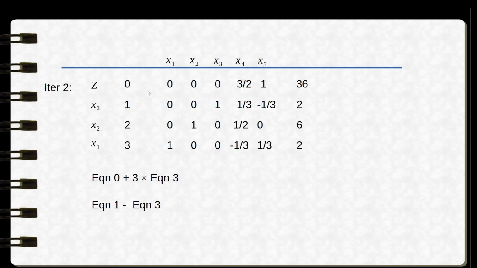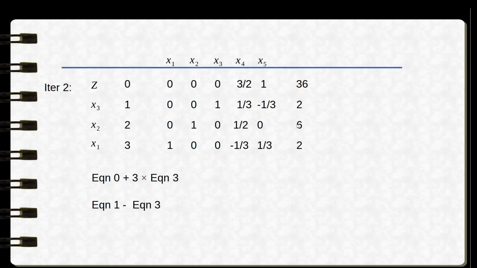So finally, what do we find? There are no negative coefficients in equation number 0. So the value of Z is going to be 36, that is 36,000 rupees per week. And of course, the value of the decision variables is going to be 2 and 6.